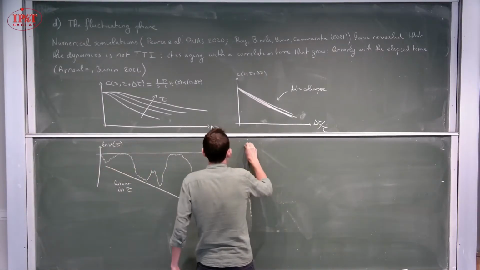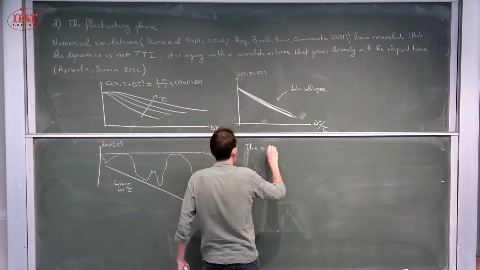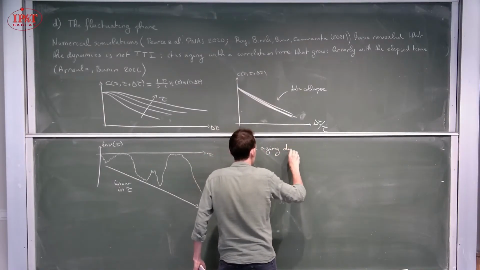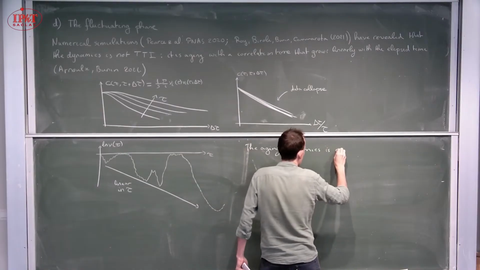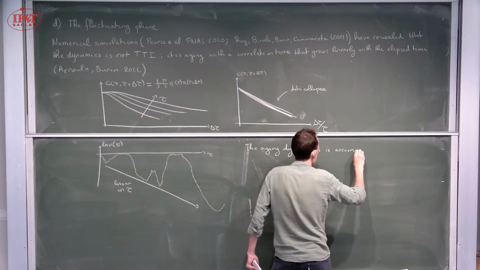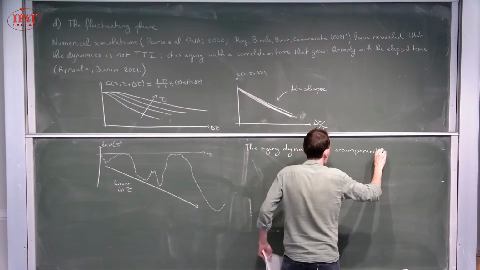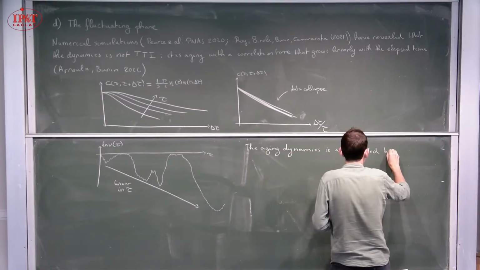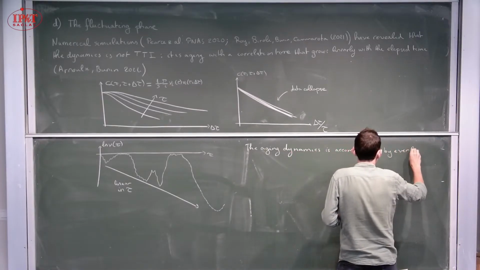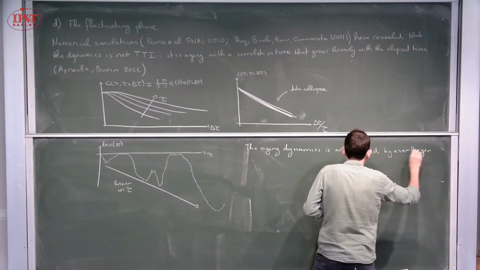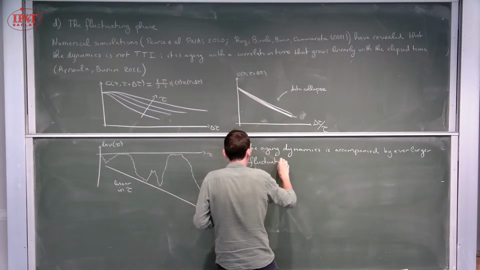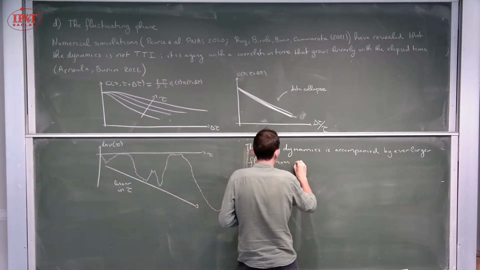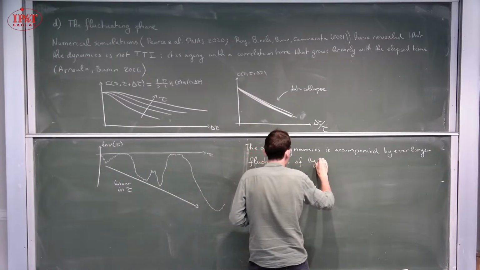What that means is that the aging dynamics is accompanied by ever larger fluctuations of log population sizes.